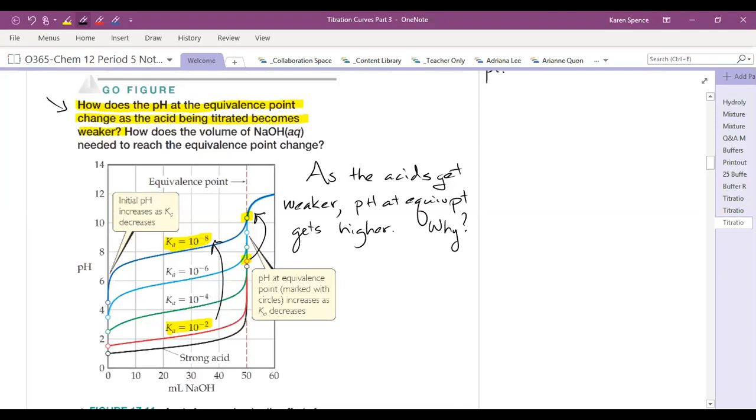Well, as your acid gets weaker, let's call this HA1, and let's call this HA2. Okay, we're just going to compare our strongest weak acid with our weakest weak acid.